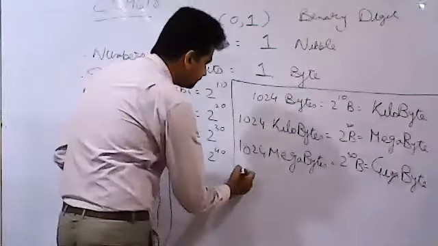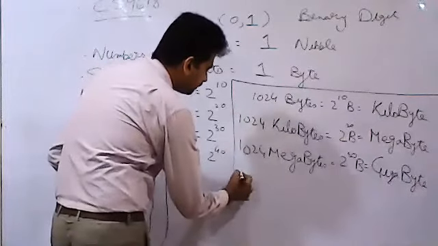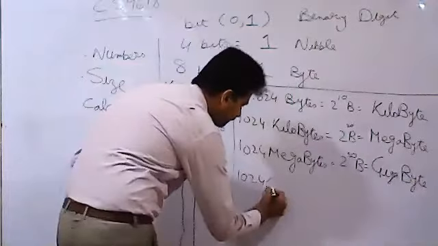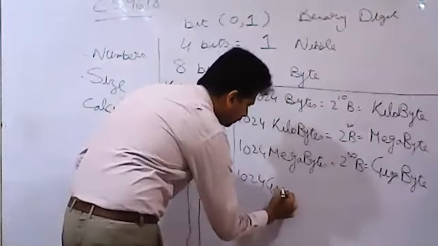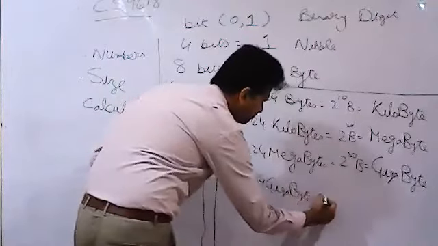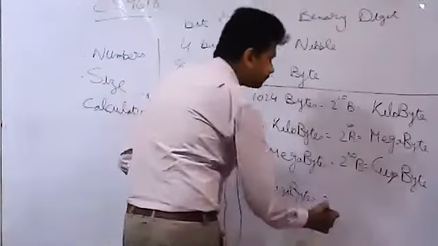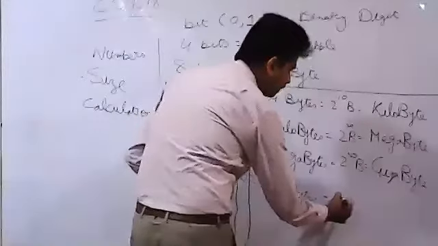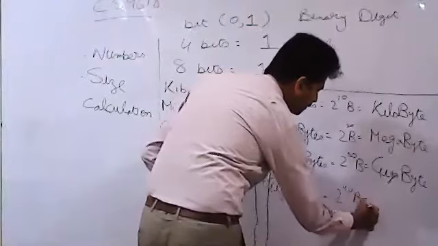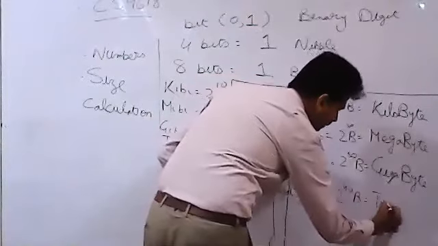And 1024 gigabytes, or 2 raised to power 40 bytes, makes up a terabyte.